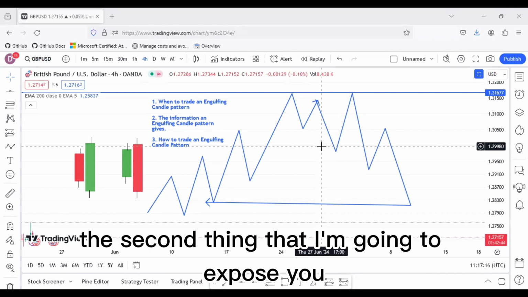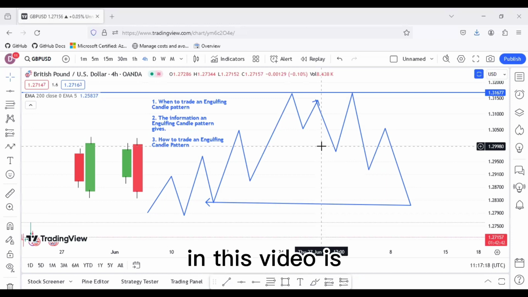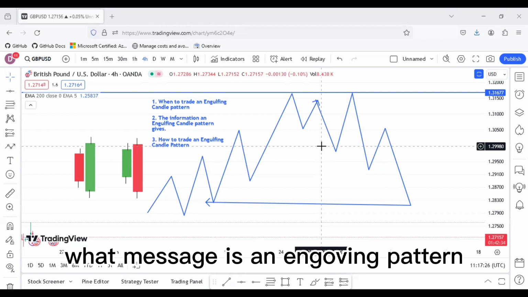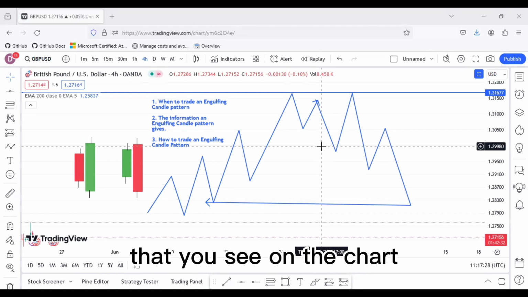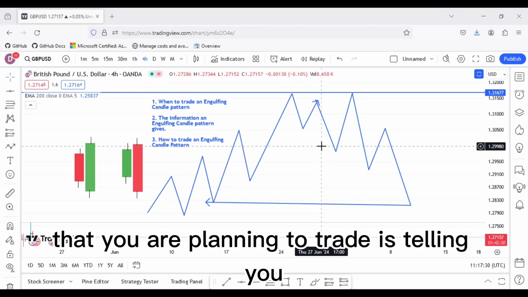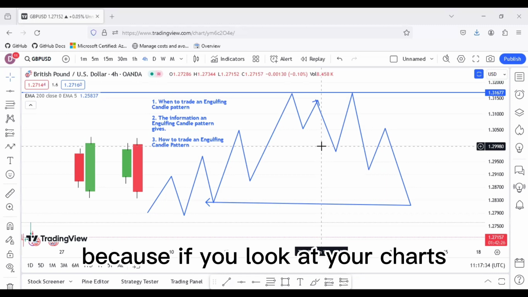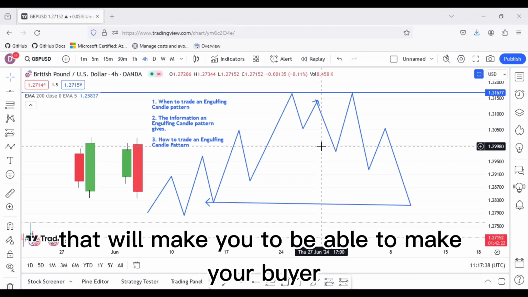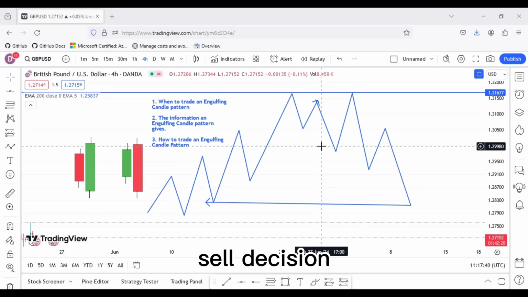Then the second thing that I'm going to expose to you in this video is what information an engulfing pattern is telling you. What message is an engulfing pattern that you see on the chart at a particular time, that you are planning to trade, telling you? Because your chart is giving you so much information that will help you make your buy and sell decision.